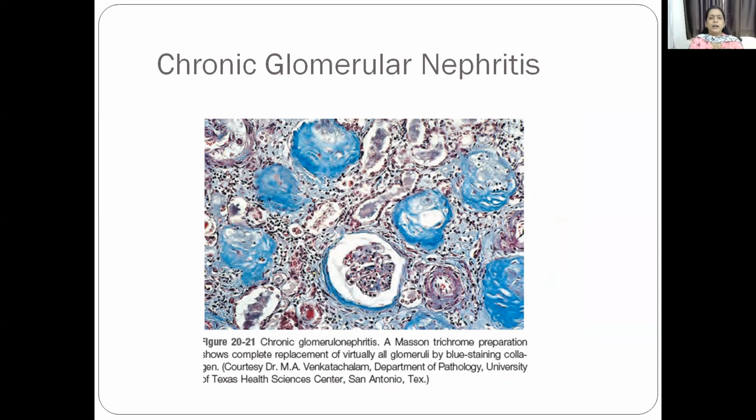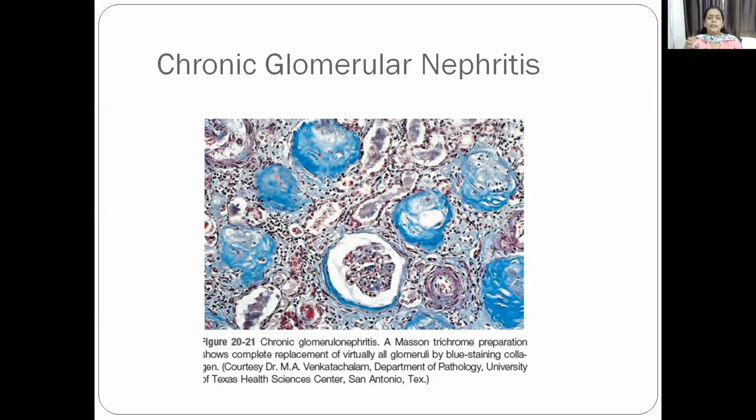It can be caused by membranous nephropathy, FSGS, MPGN1, MPGN2, okay. All these lesions, if they are not treated, the pathology is just continuing, the damage is just continuing, that will lead to an end stage disease called as chronic glomerular nephritis.